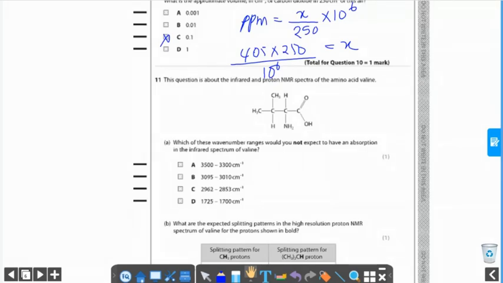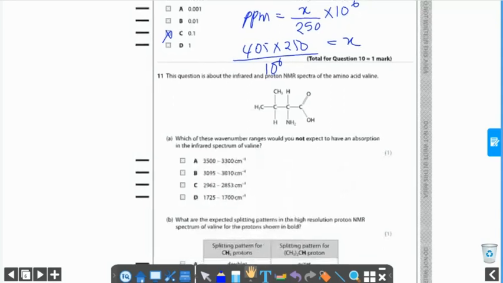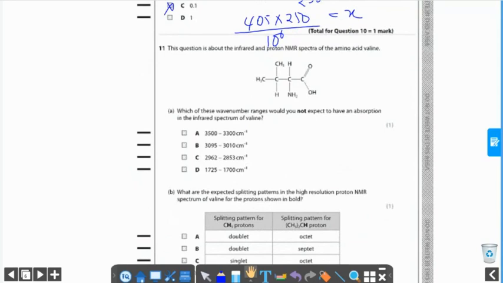This question is about infrared and proton NMR spectra of the amino acid valine. Which of these wave number ranges would you not expect to have an absorption in the infrared spectrum of valine? So you have 3,500 to 3,300. What is that? This is the OH, as well as the NH. This is NH, yeah.